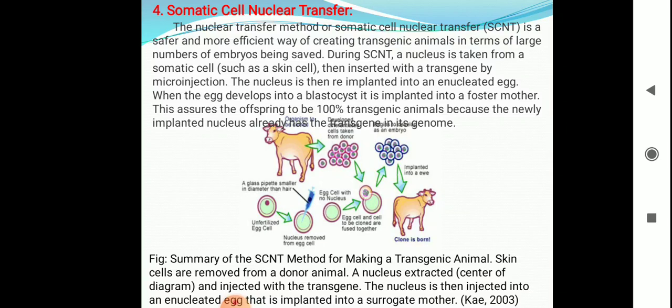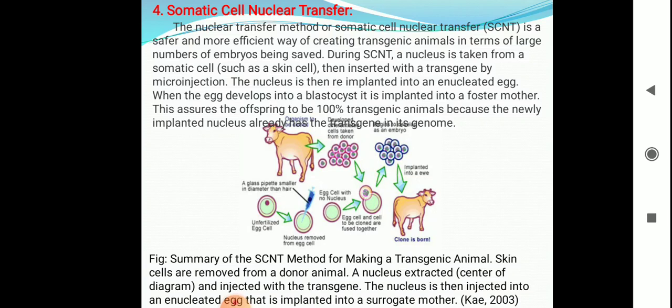Again I am repeating this. The nuclear transfer method, or somatic cell nuclear transfer, is a safer and more efficient way of creating transgenic animals, in terms of the large number of embryos being saved. Here the chances of mortality are very low. During SCNT, a nucleus is taken from a somatic cell, such as a skin cell, then inserted with the transgene by microinjection.